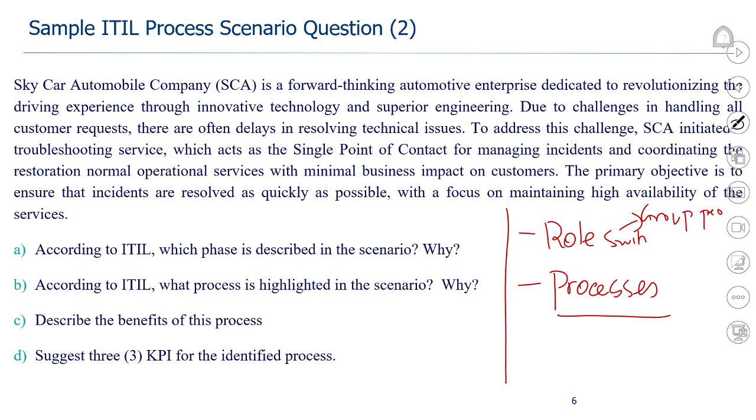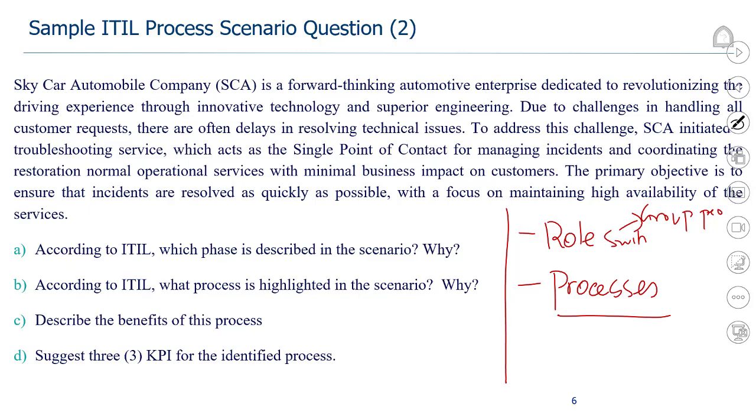So KPIs measure the performance. Okay, let's say we want to implement IT incident management. How are we going to measure our performance, that we are actually doing well with our incident management?